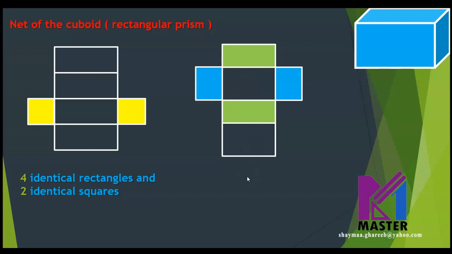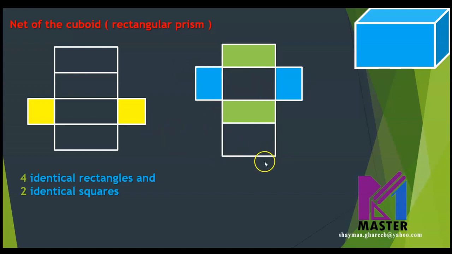Please remember the opposite faces don't meet at a side or a point. So for example, these 2 faces are not opposite to each other, because they meet at an edge here. So the opposite face of this face is this one, and the opposite for this one is this one, and the 2 sides are opposite to each other.